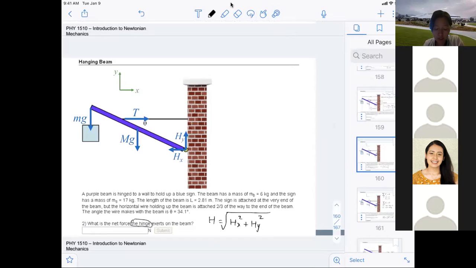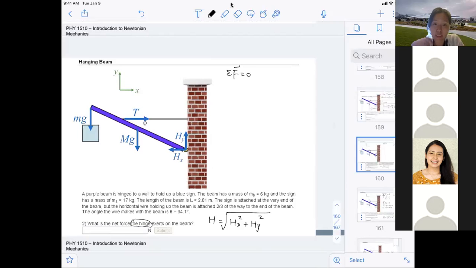So we realize that in order to find Hx and Hy, we need the force equation. At this point, we are confident the force equation can give us both Hx and Hy, because all the other forces are already known. Tension, you just solved it. You know the gravities. So the only unknown quantities are Hx and Hy.